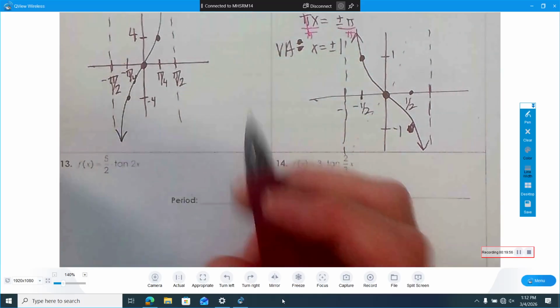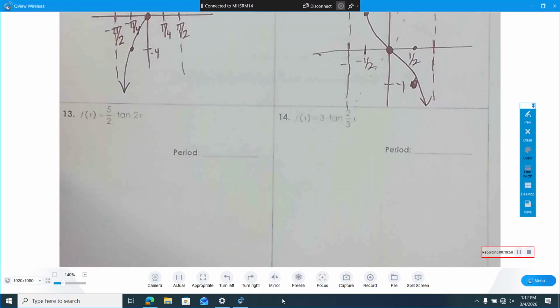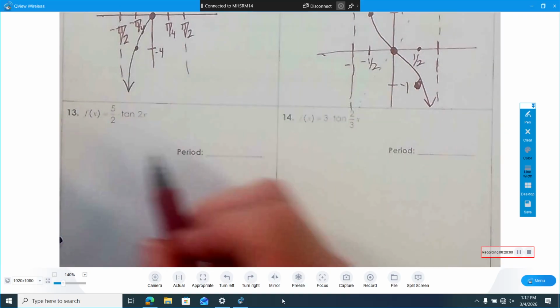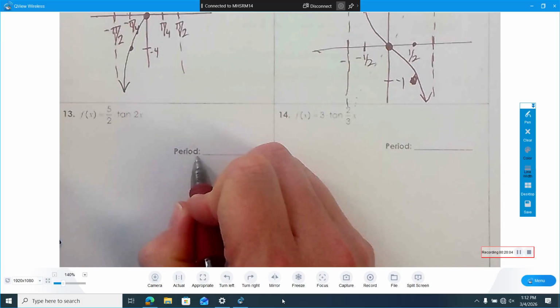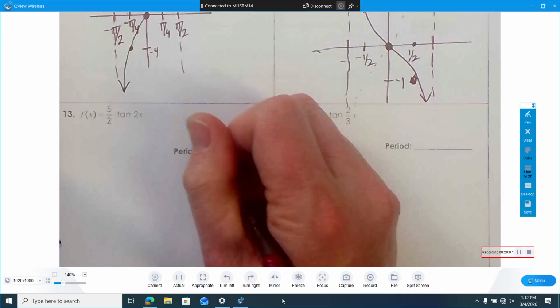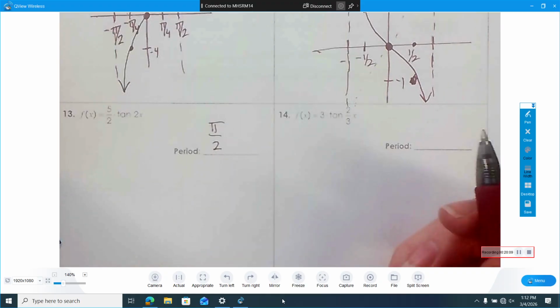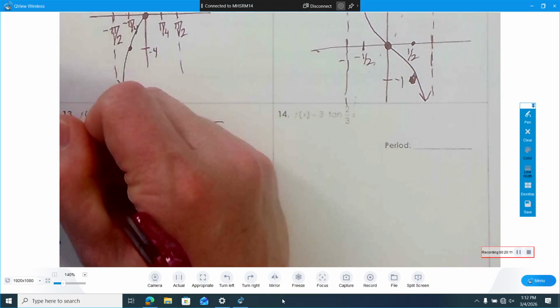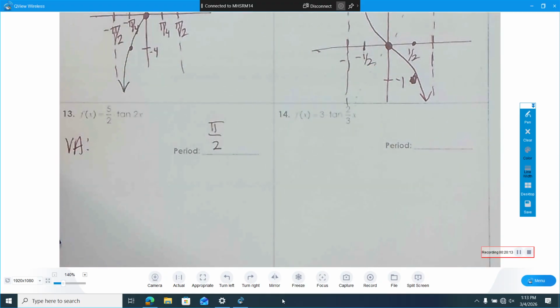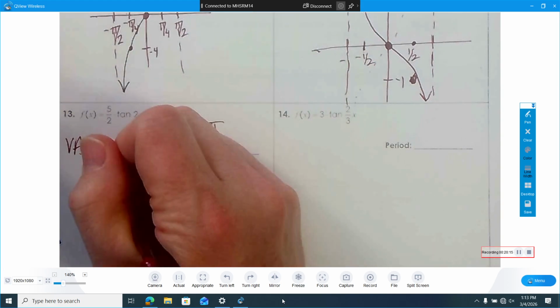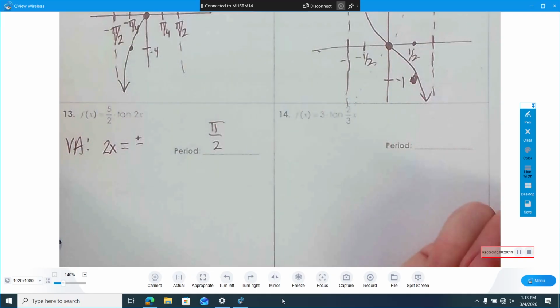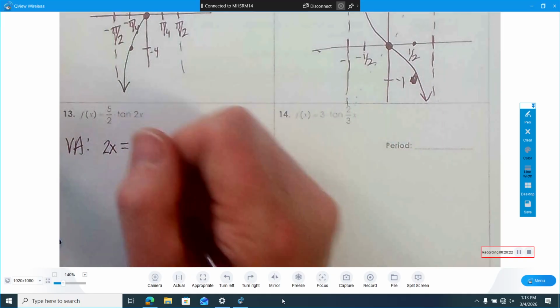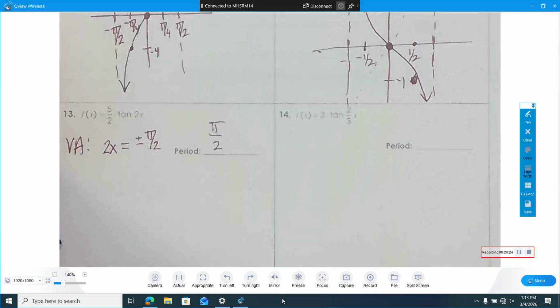All right. So number 13. What's the period? Yeah, pi over 2. And again, I want to figure out where my vertical asymptotes are. What should I do? 2x equal to plus or minus pi over 2, where the normal asymptotes are.